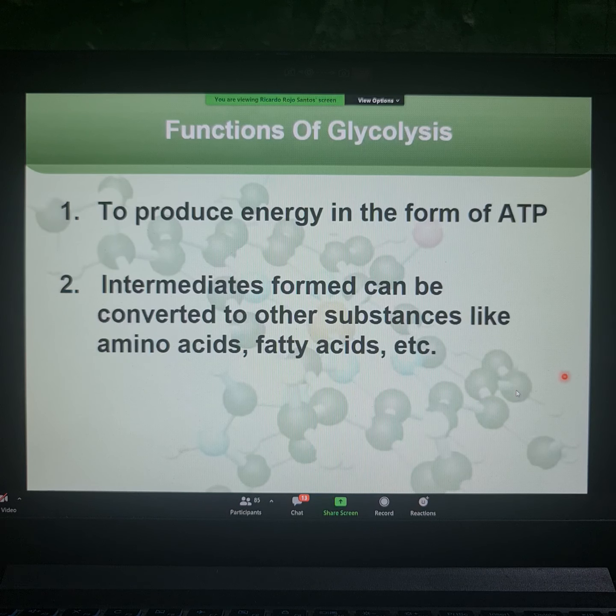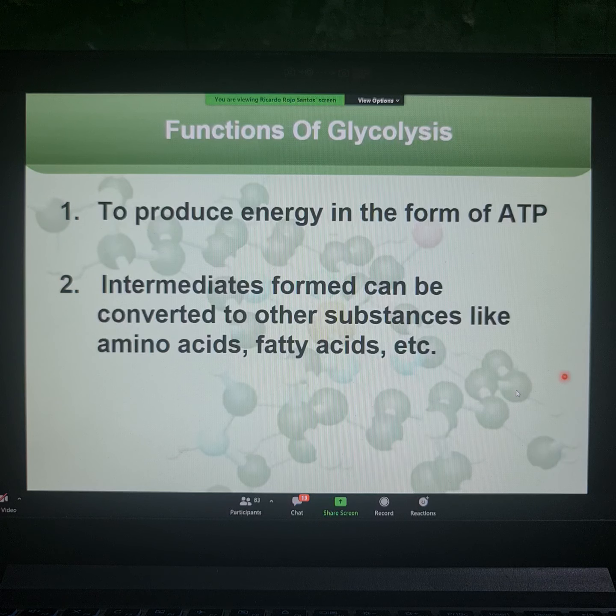For example, what did I say about the end product of aerobic glycolysis? Will you please answer me, class? Pyruvate. Very good. Pyruvic acid. And when pyruvic acid undergoes transamination reaction, it can be converted to alanine, an amino acid.